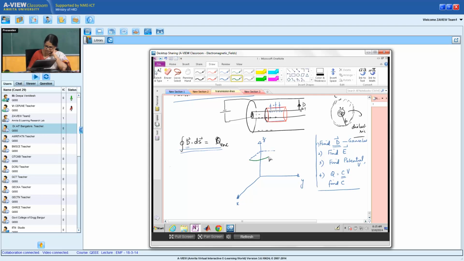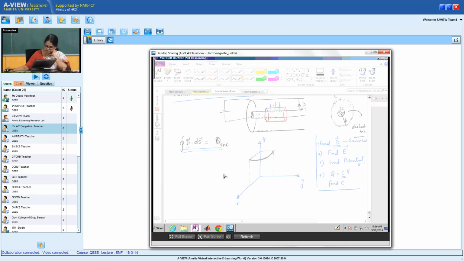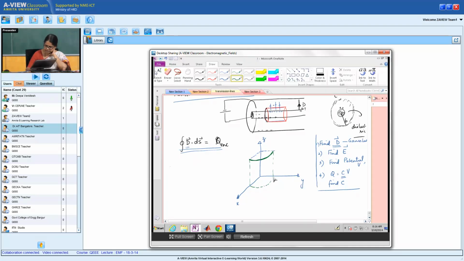This is the surface of the cylinder. You know that in the cylindrical coordinate system, we imagine that the points that we want to describe is falling on the surface of a cylinder. So let us say the points that we want to describe is here marked in red, point P.